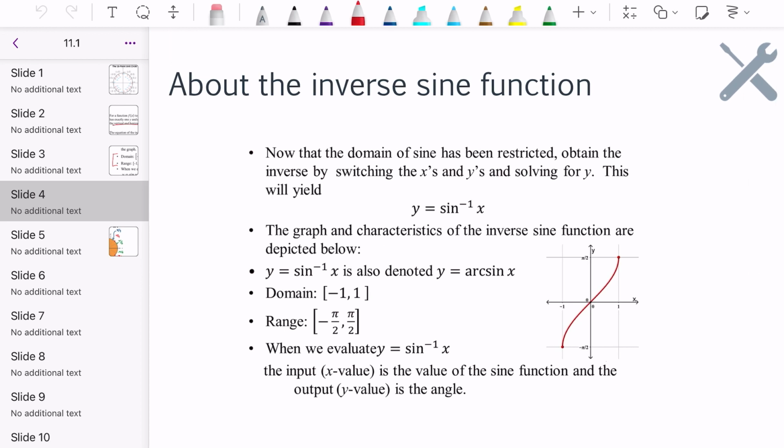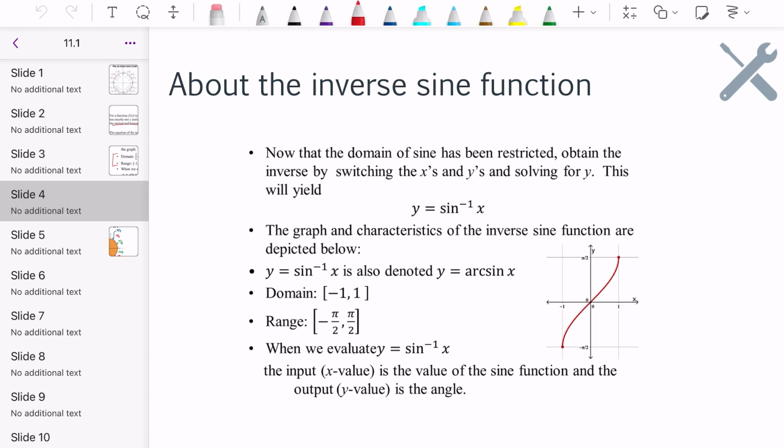The inverse sine function is identical to the sine function, except the x's have been replaced with the y's, and the y's have been replaced with the x's, meaning our domain and range have switched positions within this graph.